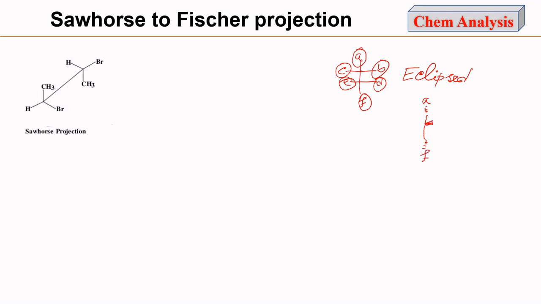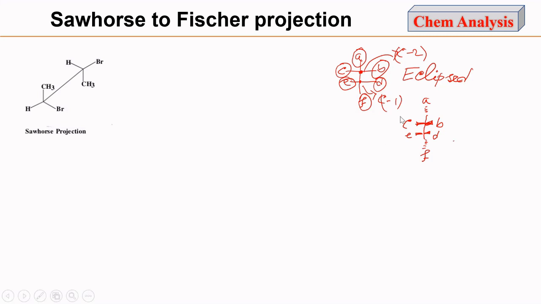On the second carbon atom, if this is the front carbon atom C1 and this carbon atom is C2, then at the C2 carbon, B and C will be above the plane, so it will be B, it will be C, and at the C1 carbon atom, D and E will similarly be above the plane.